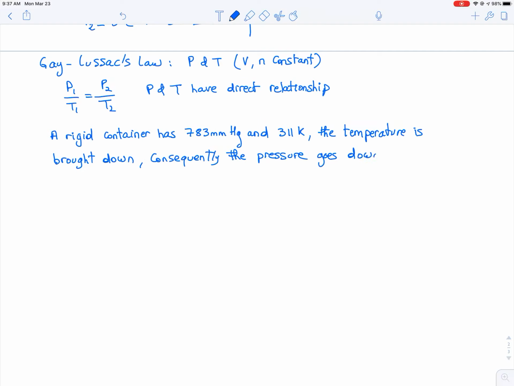Oh my God, I can't spell. Down to 699 millimeter mercury. What is the new temperature?